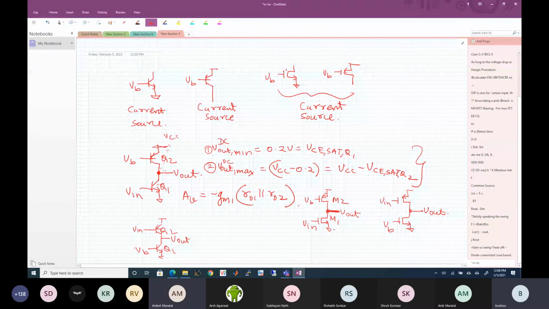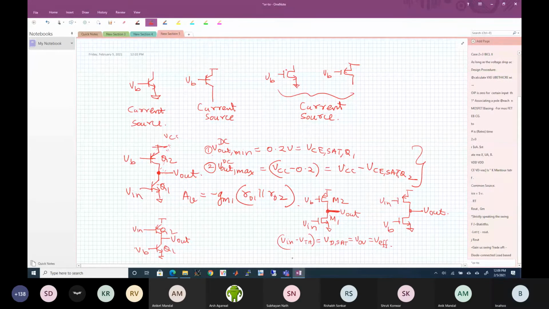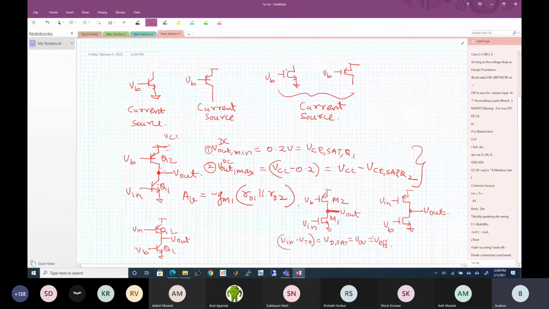It is V in minus VTH, and what is that equal to? What is V in minus VTH called? Yes, V overdrive or V effective. So V out has to reach this effective voltage, minimum value.